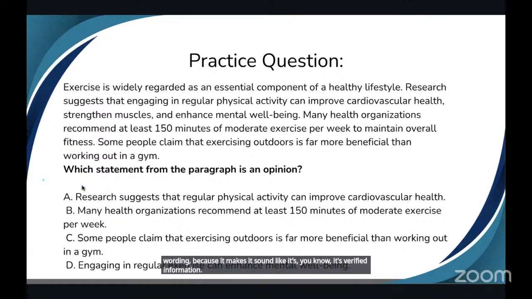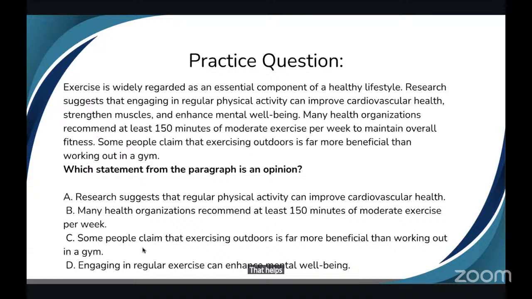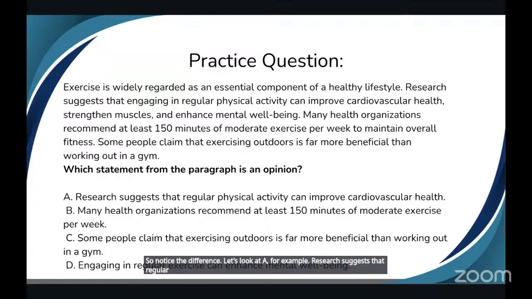Oh, you're welcome. So now we have to be careful with that because it's really the wording at the beginning of that sentence that helps reinforce that this could change from person to person, because it's some people claiming. So notice the difference. Let's look at A, for example. Research suggests that regular physical activity can improve cardiovascular health.